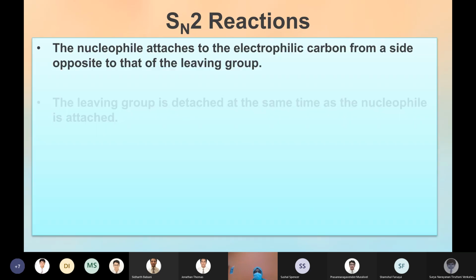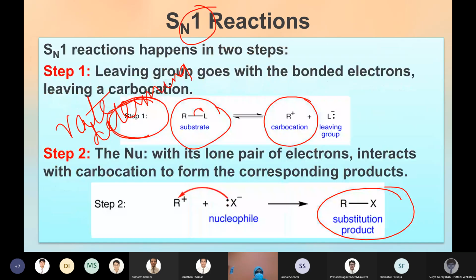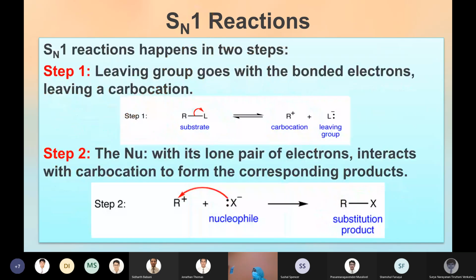But when you look into SN1, I'll just wind up in a minute, okay? Just to ensure that it's clear. The first step is breaking down of the bond. L stands for leaving group. In an alkyl halide, the halogen is the leaving group. The leaving group will break away, leading to the formation of a carbocation.